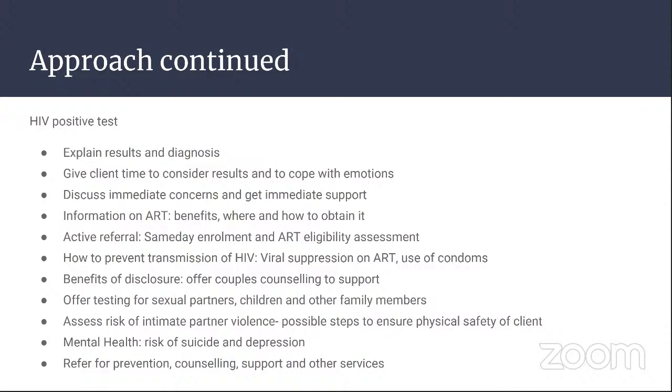The other point is we assess the risk of intimate partner violence and the possible steps to ensure physical safety of our clients. And then we do mental health, where we stratify the risk of suicide and depression. We also refer for prevention, counseling, support, and other services during the post-test counseling.